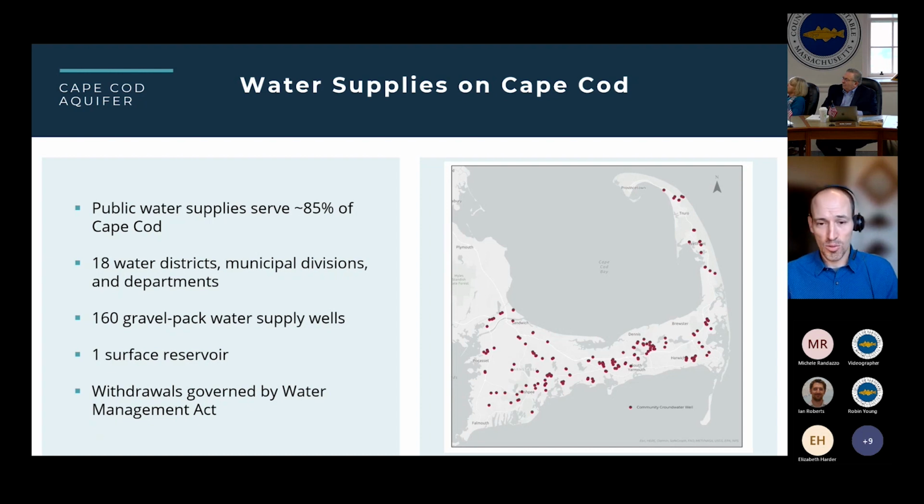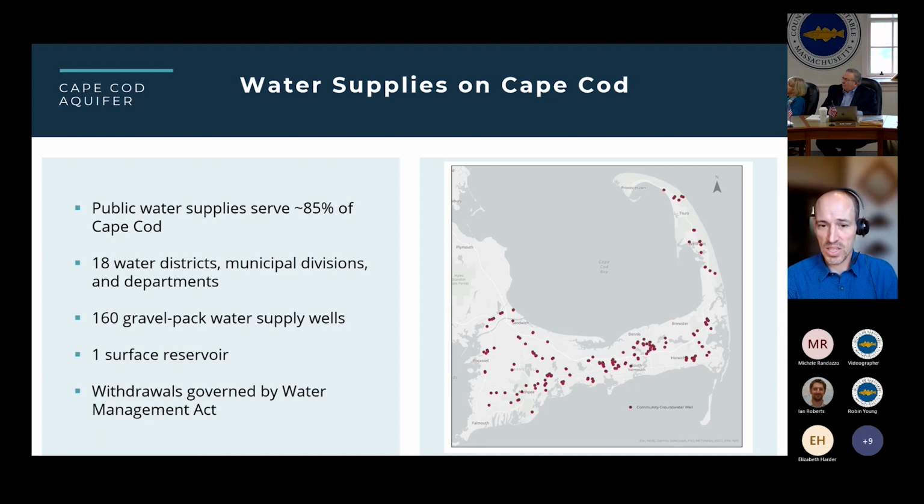And it's a mix of water districts, which are separate from town government and town operations, and also municipal divisions and municipal departments that are acting as community public water suppliers. Together, they all operate 160 gravel pack water supply wells.